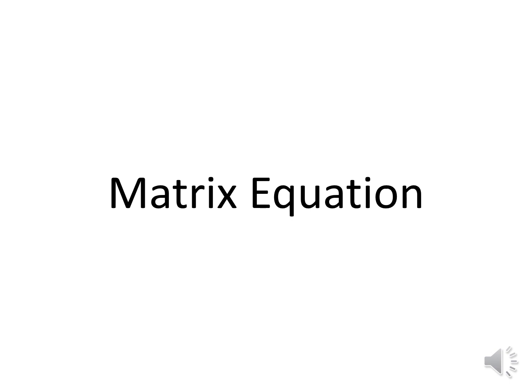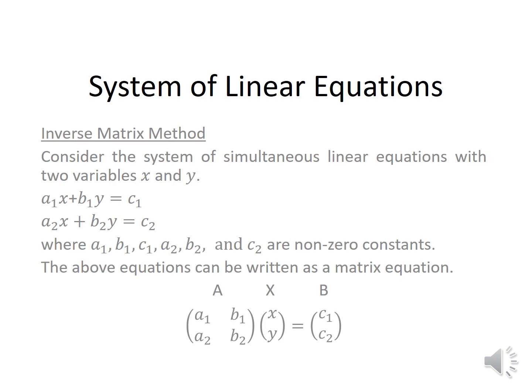For the second objective, we call matrix equation. The method used in the second objective also can be called the inverse matrix method. Consider the system of simultaneous linear equations with two variables x and y.